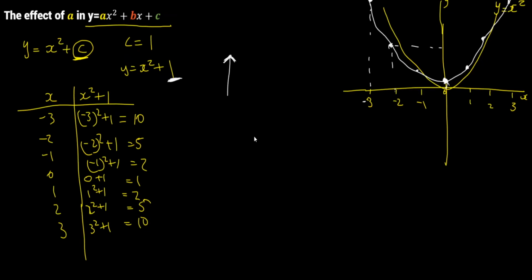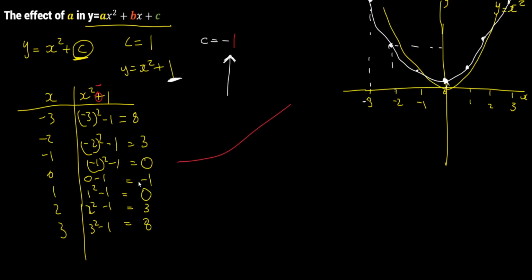So we're going to do the same thing when c is negative and we can see what is going on. So c is going to be equal to minus 1. So when c is negative 1, okay, we change that, now it's negative, we can see that the values change as we expected, and we can take these values and we draw the graph of x squared minus 1.